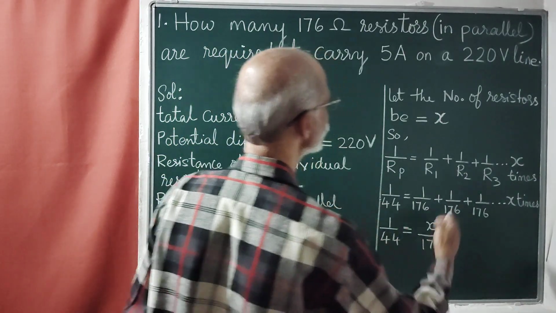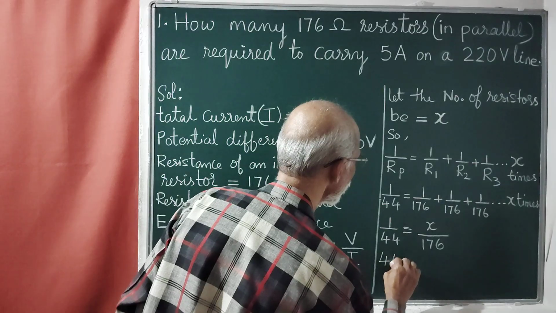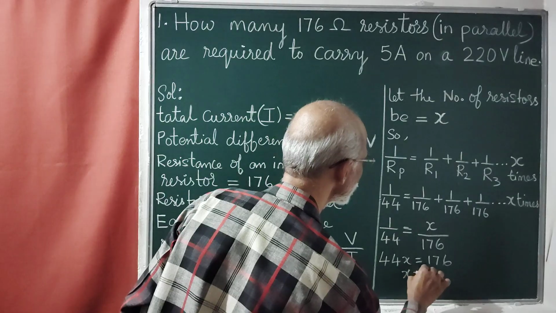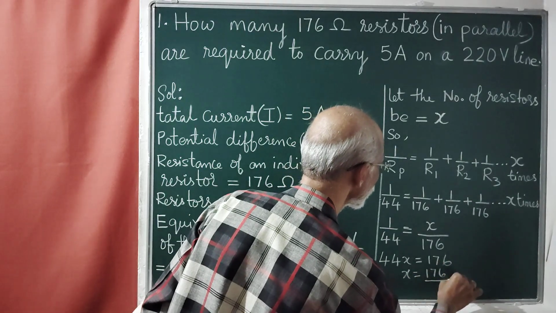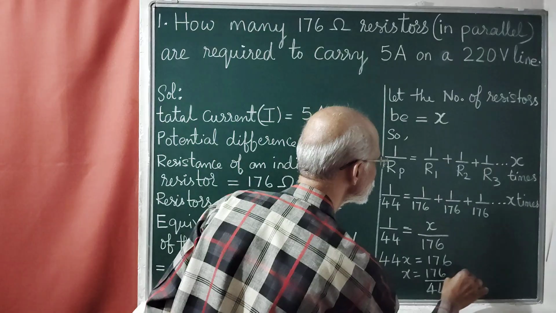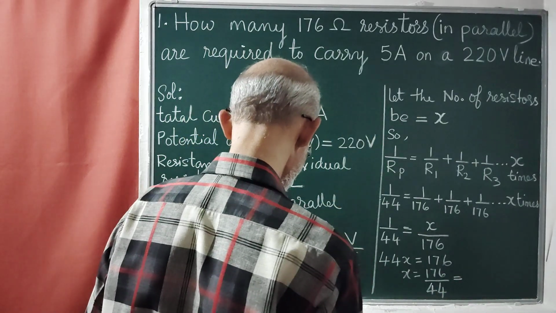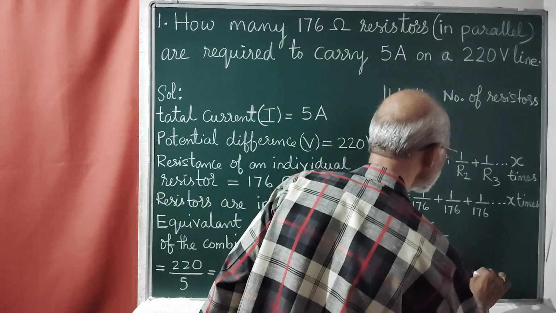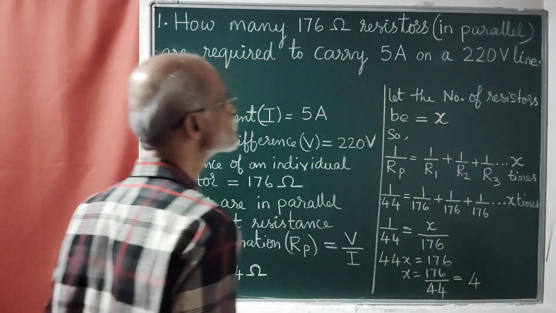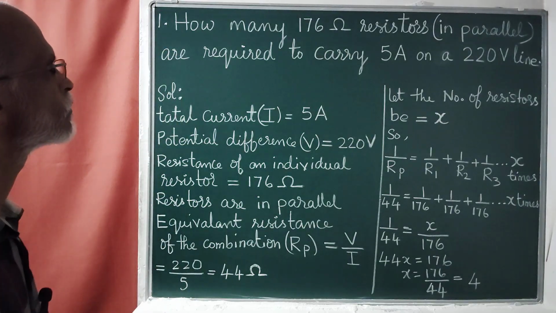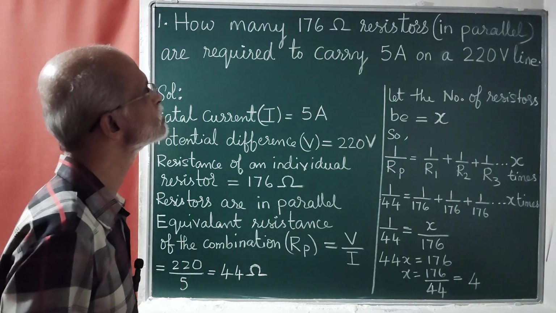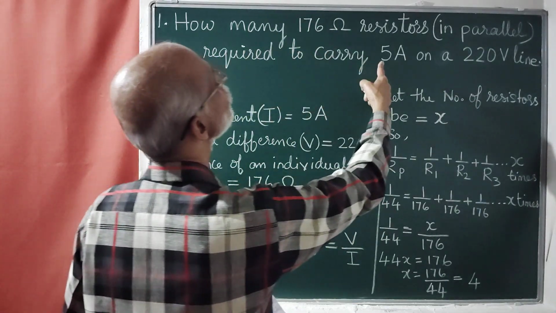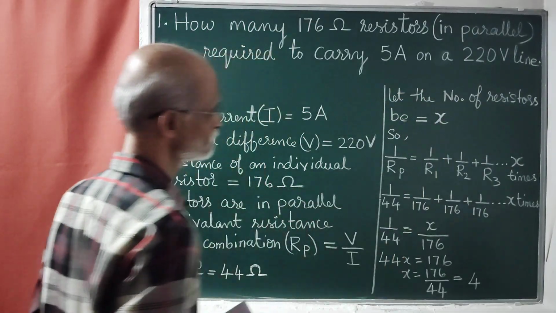Now we will cross multiply. 44x is equal to 176. So x is equal to 176 by 44, which is equal to 4. So we have to connect 4 resistors of 176 ohms in parallel to carry 5 amps on a 220 volt line.